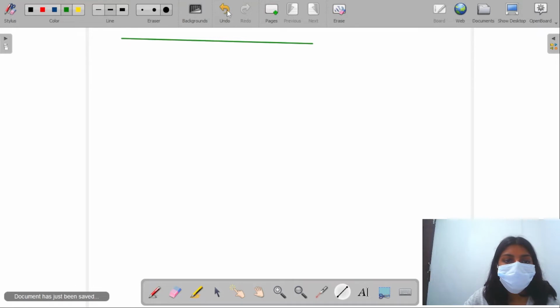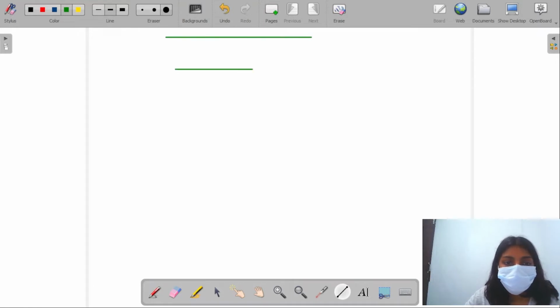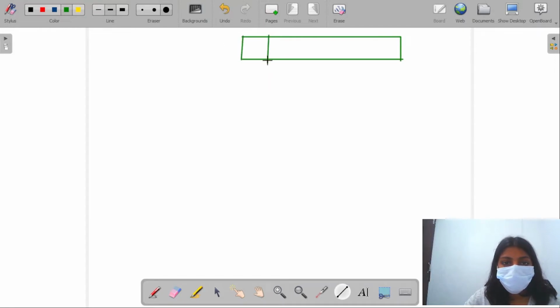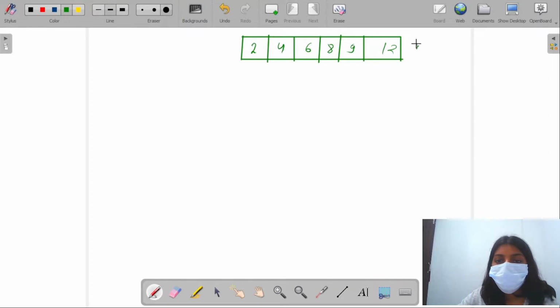Let's say I have 6 elements, and I sorted them. These are 2, 4, 6, 8, 9 and 12. That is, I have 6 sides, and I have now sorted them.